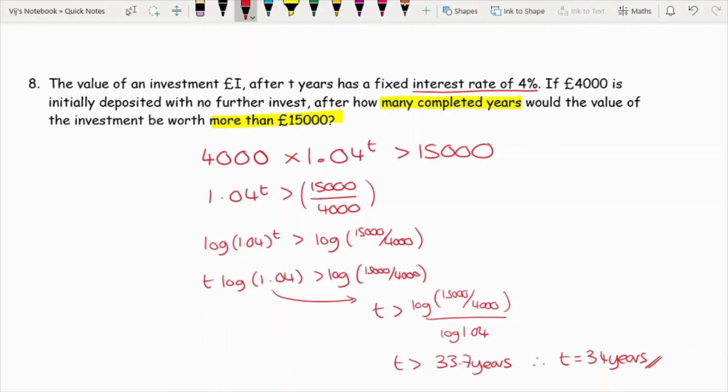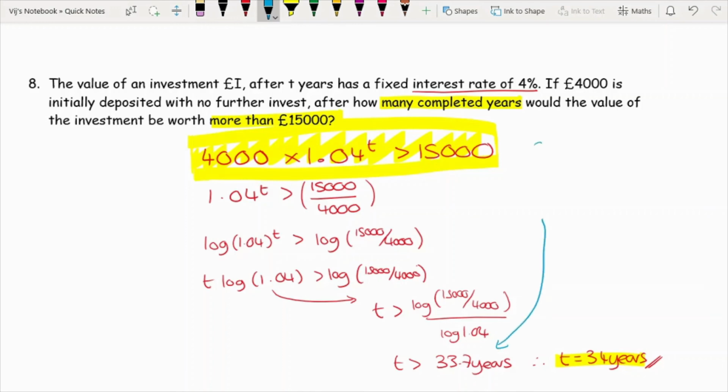One way to check your answer is by substituting 34 back into the initial line of working, and it should equal a number greater than 15,000. Just while I'm here, let's say a question asked you to give your answer to the nearest month when it equals 15,000. We know we've got 33.7 years.